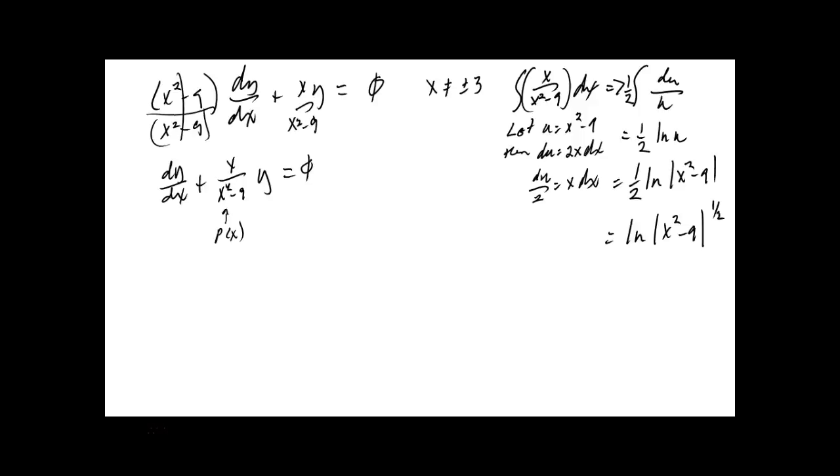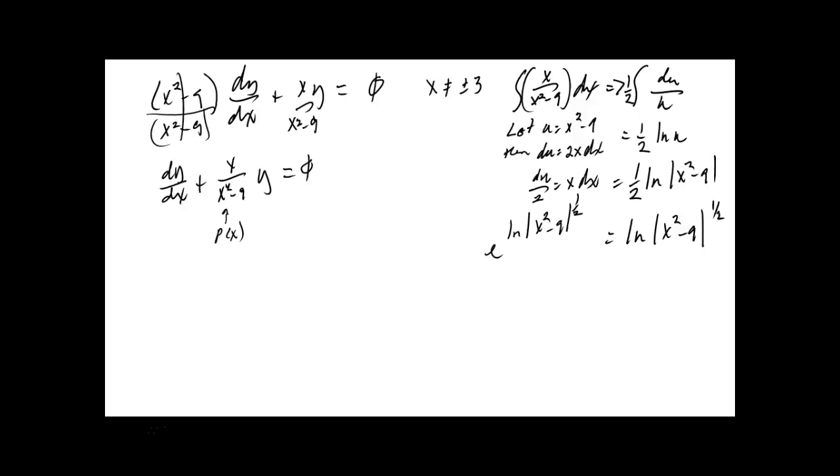Now, that's your integral of P of x dx. What do we do with that? The next little step here is e to that integral. So, e to that integral will be e to the log of the absolute value of x squared minus 9 to the 1/2.